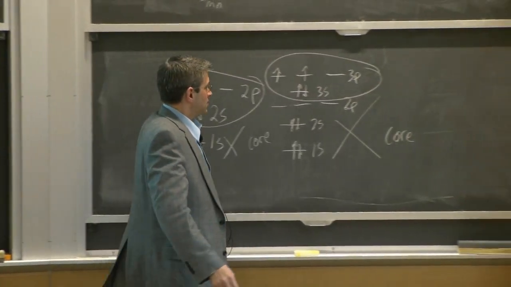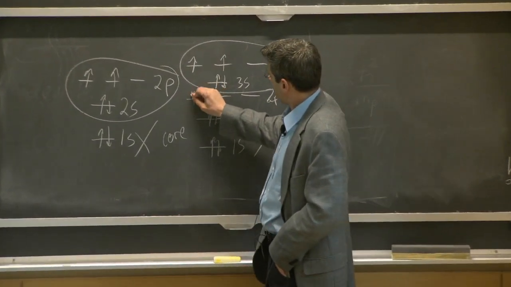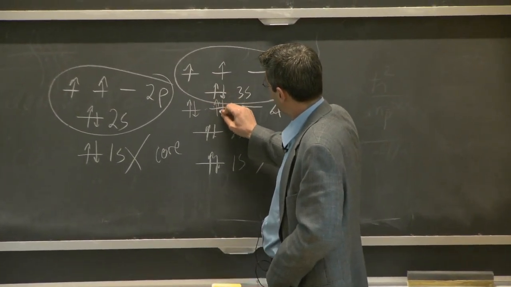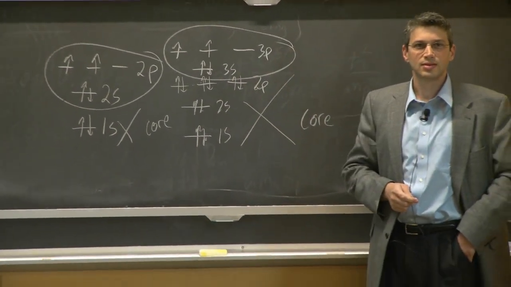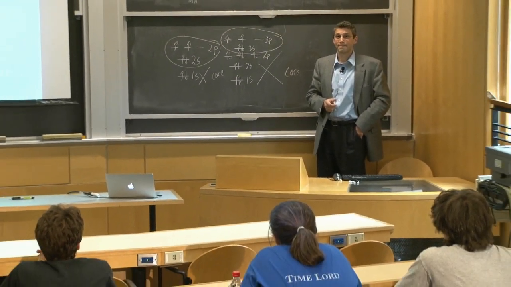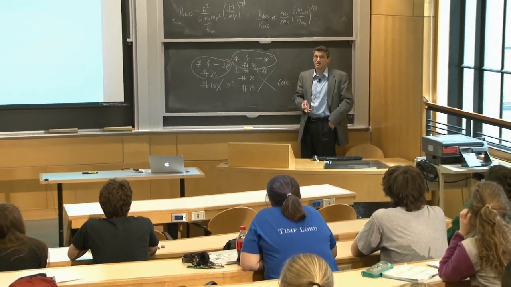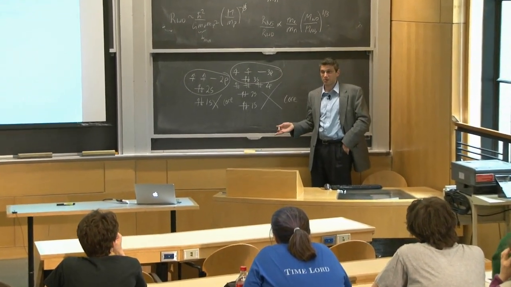Now, somebody tell me, looking at this, why we are made out of carbon and not silicon. The valence electrons look pretty similar, don't they? You've got a couple of s and a couple of p in each case.